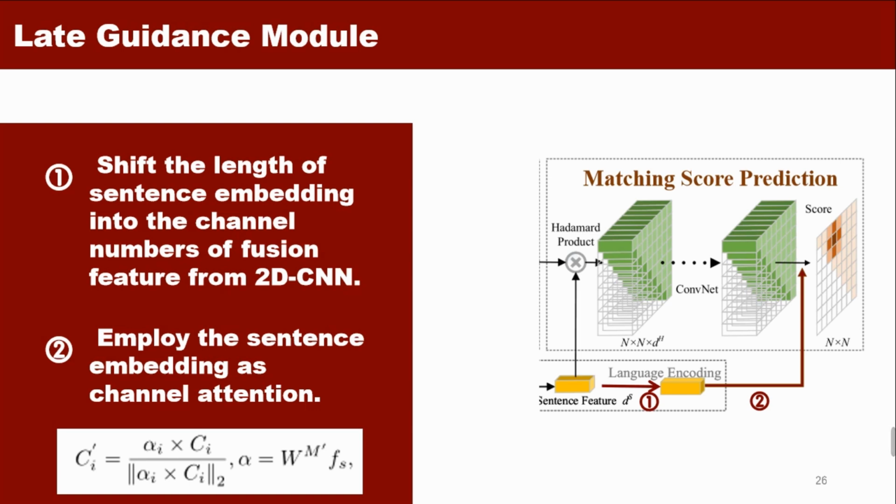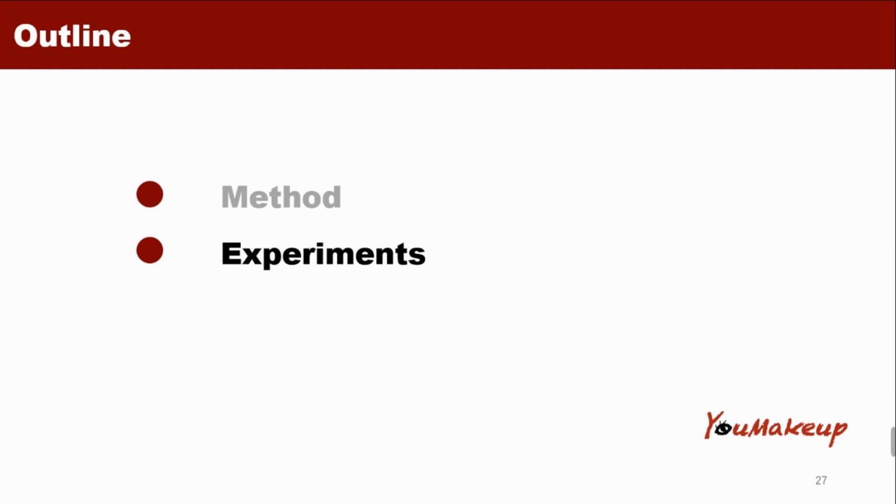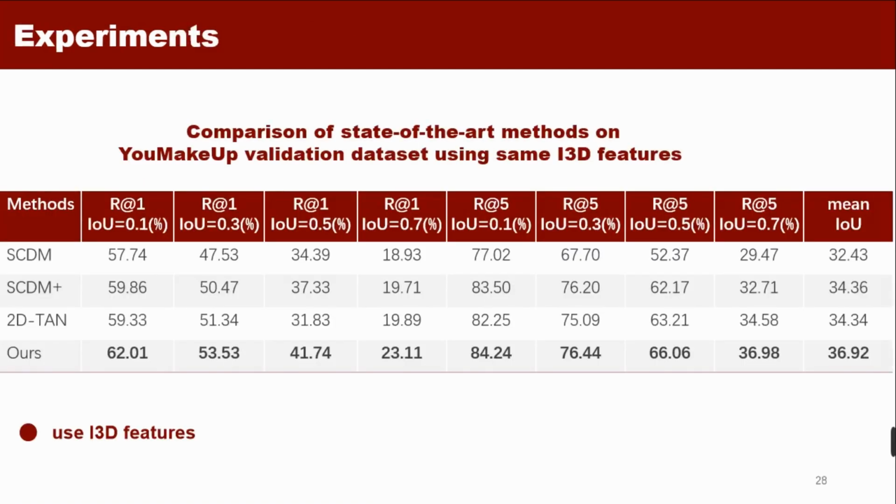In this way, alpha can offer valuable guidance to the moment retrieval since it is derived from the sentence embedding. Moreover, WM is a shared parameter which is computationally efficient and only involves a handful of parameters. For the experiment, it contains two parts: the evaluation of the moment retrieval method and the evaluation of the ordering task.